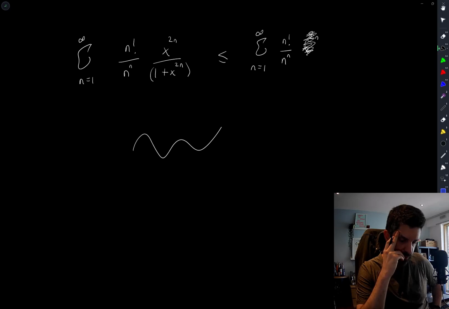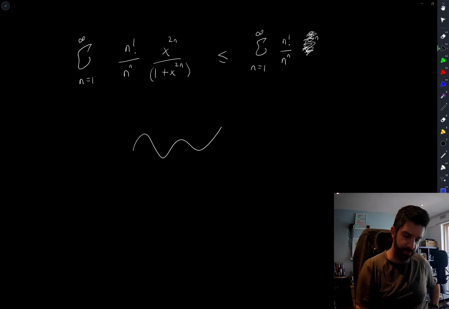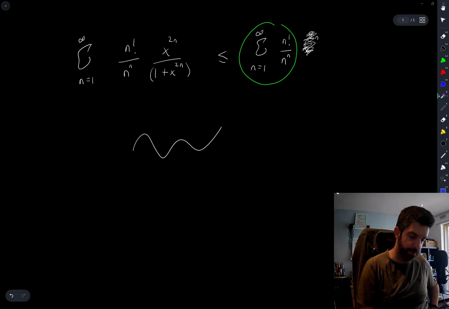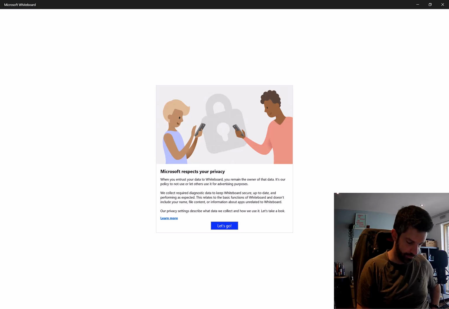In which case I get something which doesn't depend on x. I think this probably converges, although I'm honestly not completely sure. I don't know why I can't erase anything.